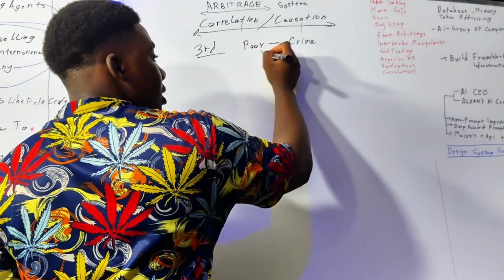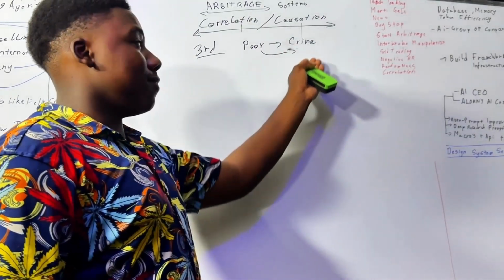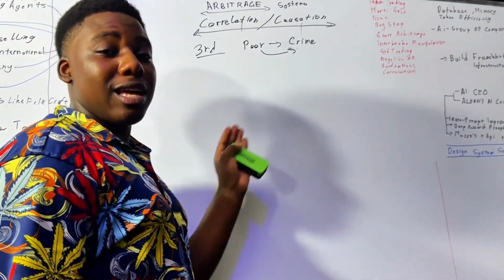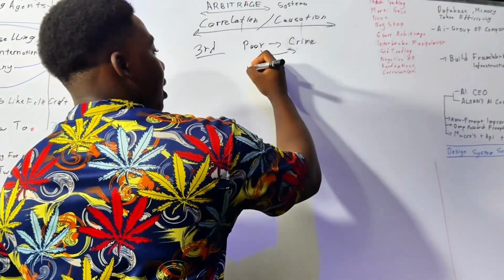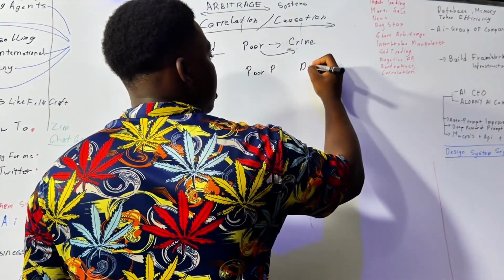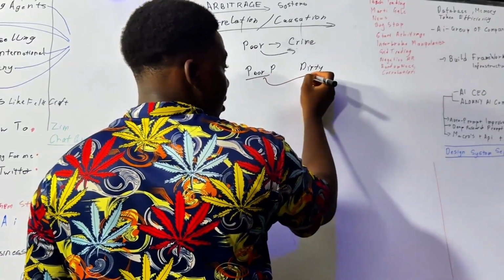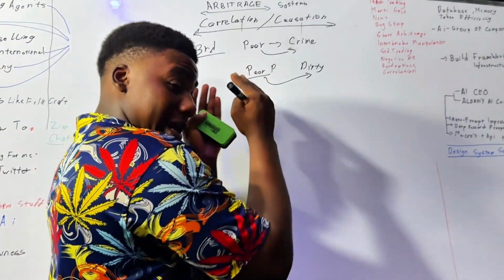But does poverty cause you to commit crime? Not necessarily. It's just a correlation. It tends to happen. It's a pattern that we see, but it's not a cause. Okay. And another correlation: poor people and dirty environments. Is the poverty causing them to dirty the environment? No. It's a correlation.